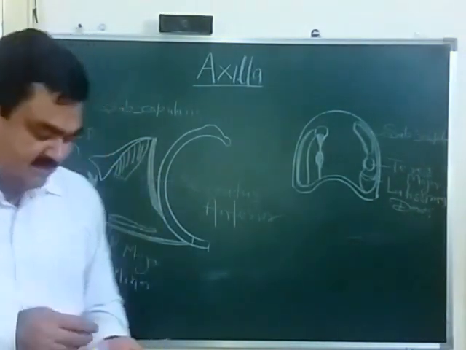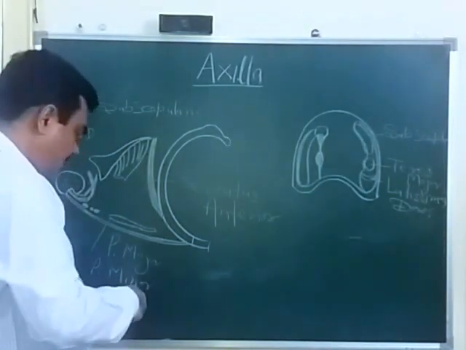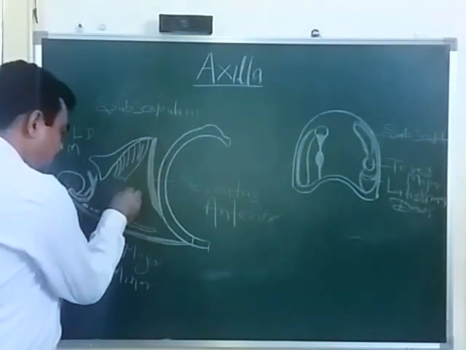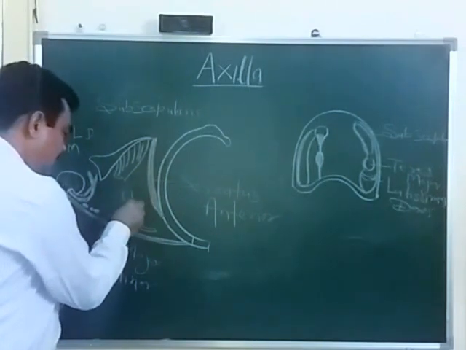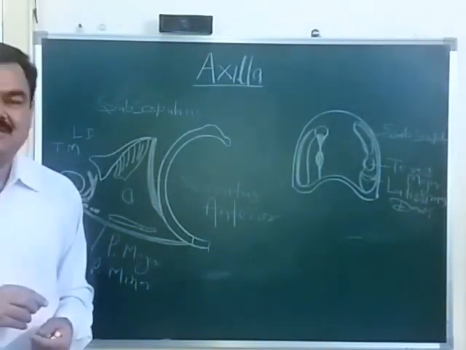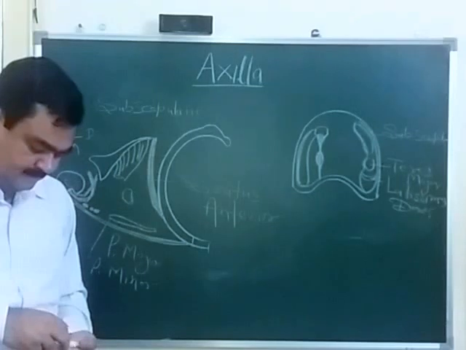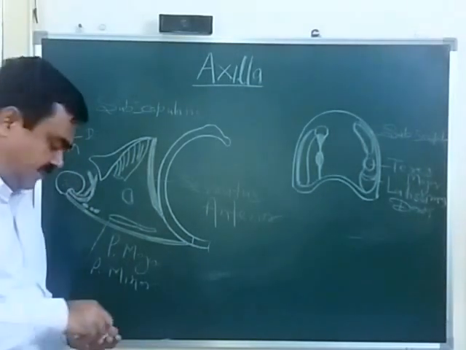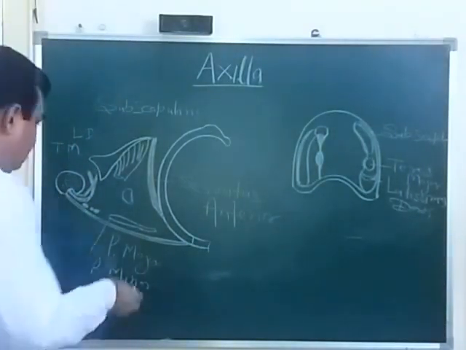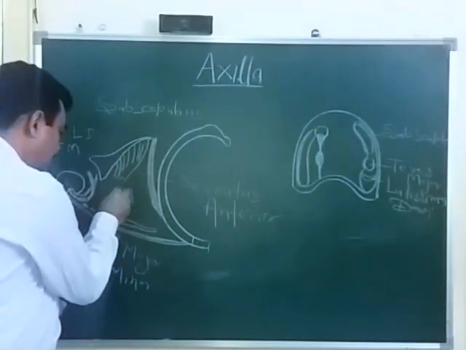Now the contents of the axilla. One important content is the axillary vein. Another content is the axillary artery. This is the axillary artery.